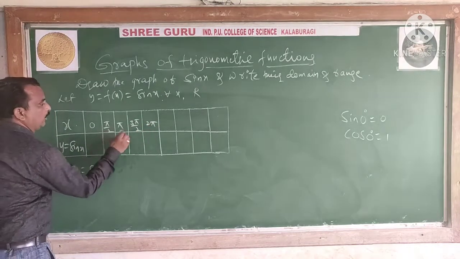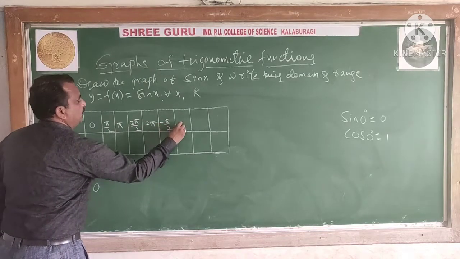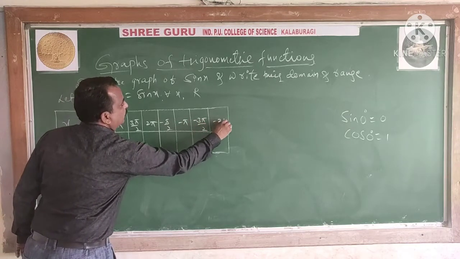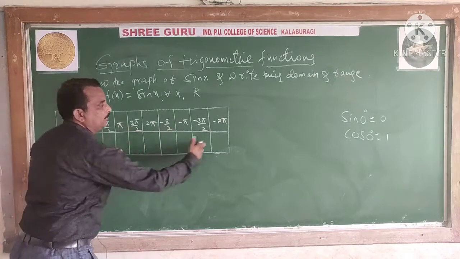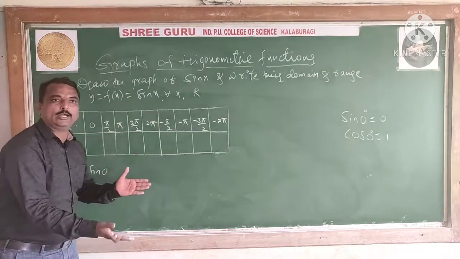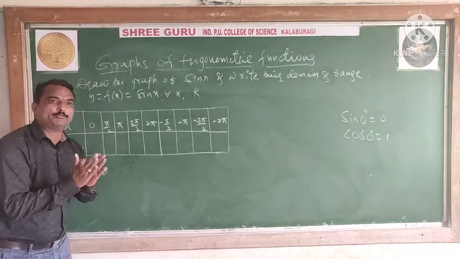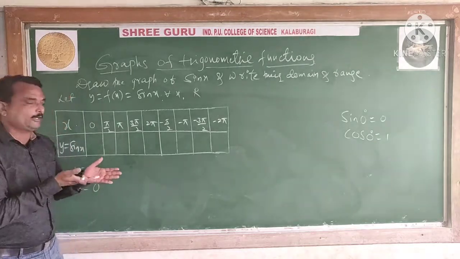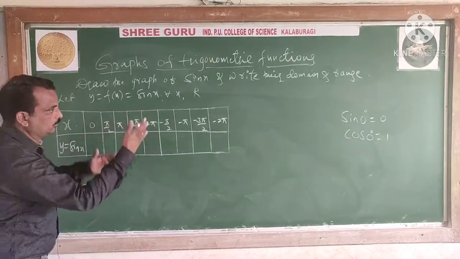Then the negative values: minus pi by 2, minus pi, minus 3 pi by 2, minus 2 pi. Here I take some positive values and some negative values, so certain values: 90, 180, 270, 360. No need for fractional values like 30 degrees, 60 degrees, 45 degrees here. You will come to know the graph after taking these values over a certain period.